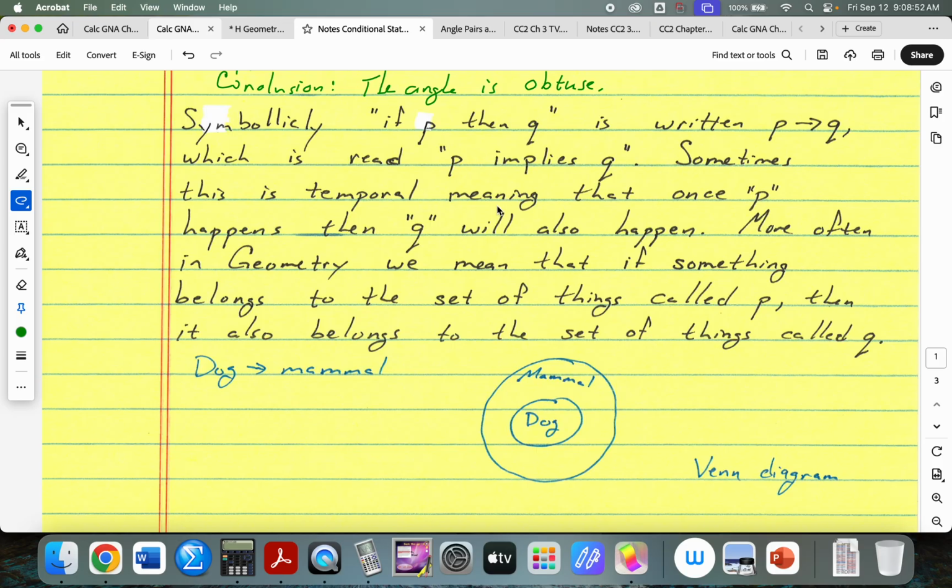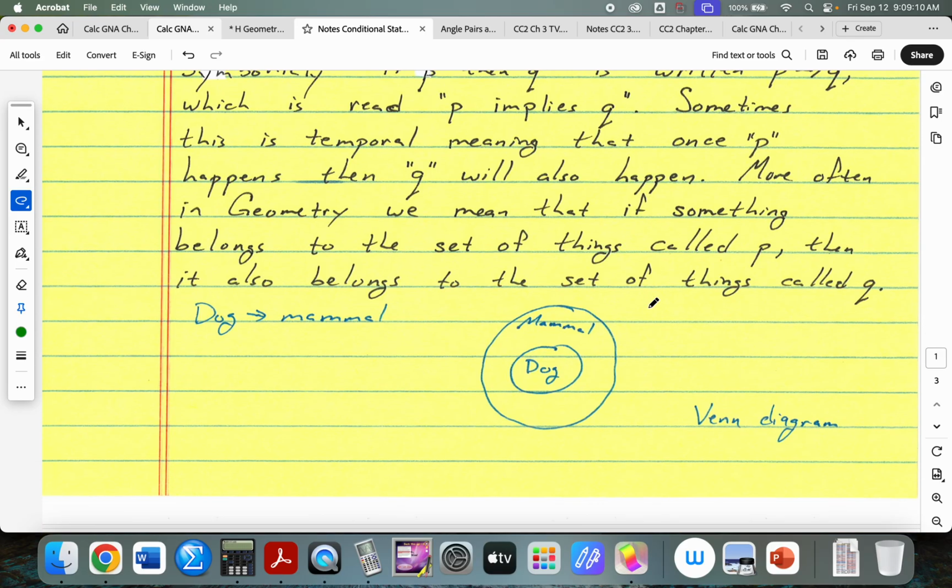Sometimes this has a temporal meaning, that once P happens, Q will also happen. In geometry, we frequently mean that if something belongs to the set of the things called P, then it also belongs to the set of things called Q. For example, here, dog implies mammal.